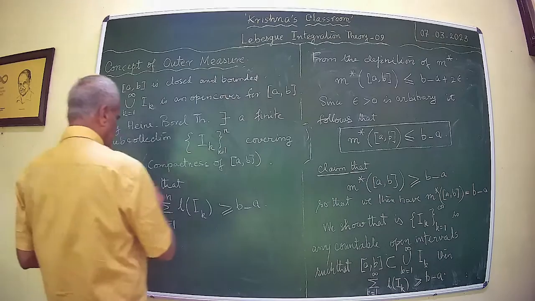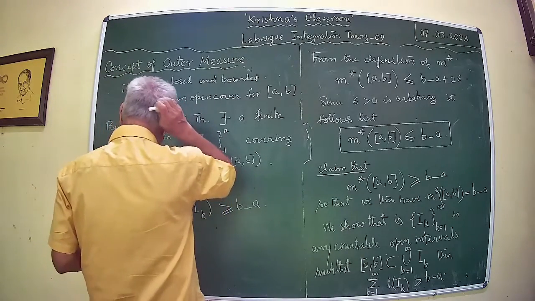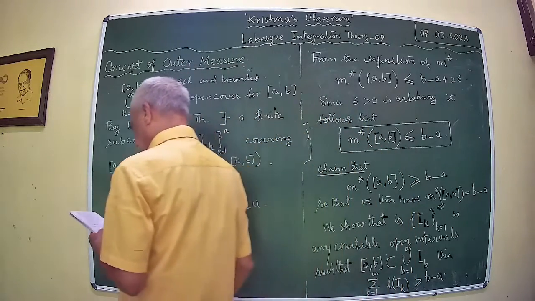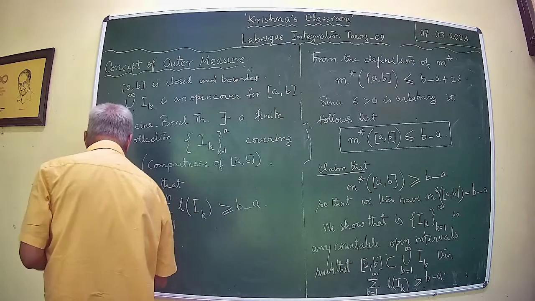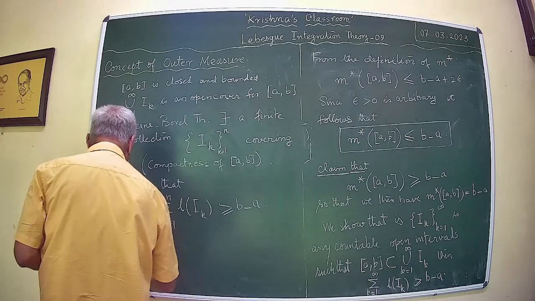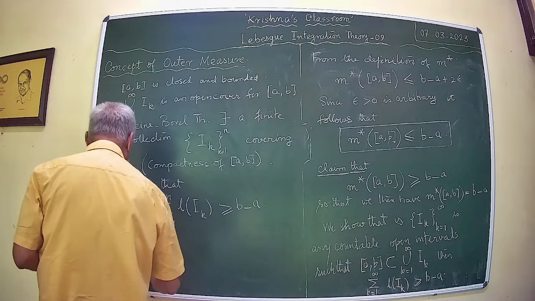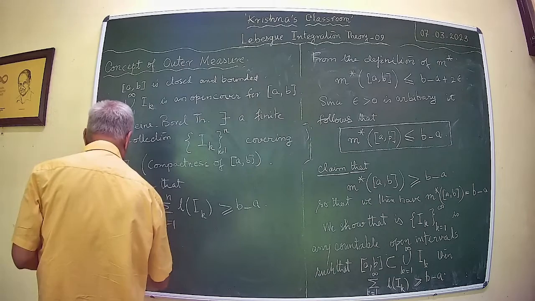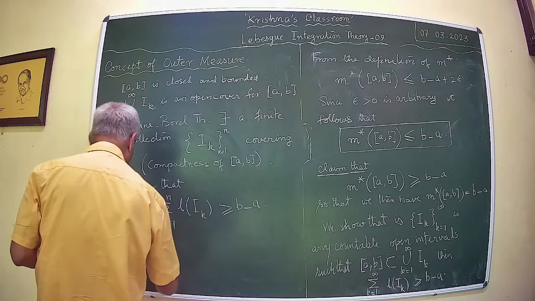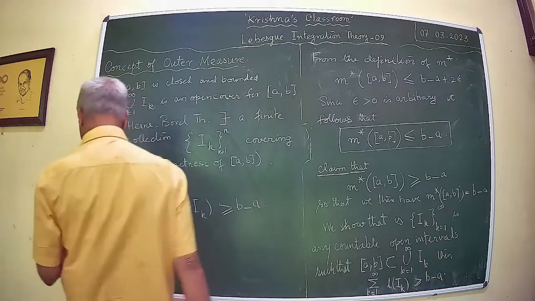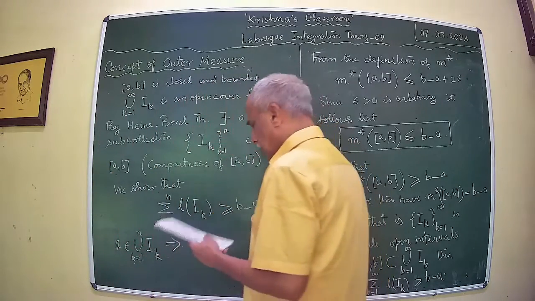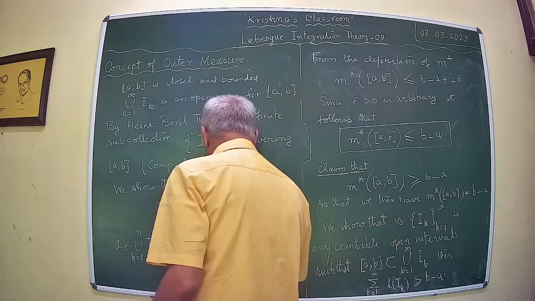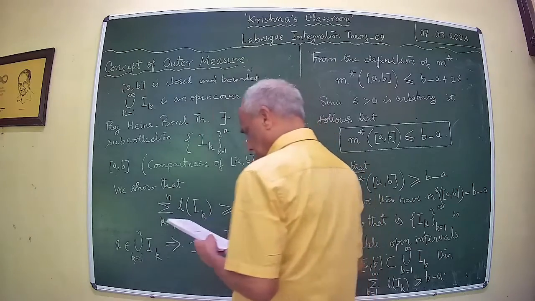Now, because of this property, that this provides a cover for I, you see that A belongs to it. This implies there exists one I_k, at least one, such that A belongs to it.